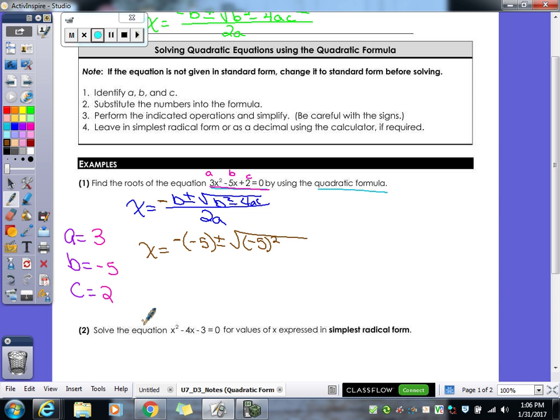So then under the radical, I have my negative 5 squared minus 4 times my a of 3, my c of 2, all over 2 times a. And again, I put my a in parentheses. Everything you're plugging in for, put it in parentheses.